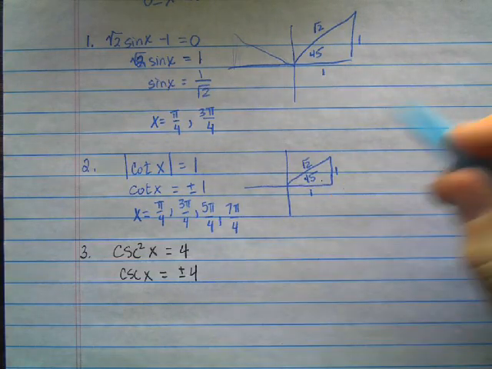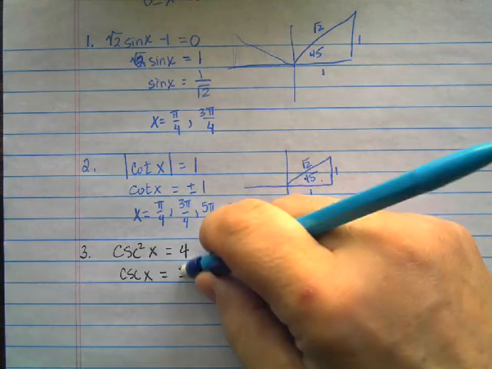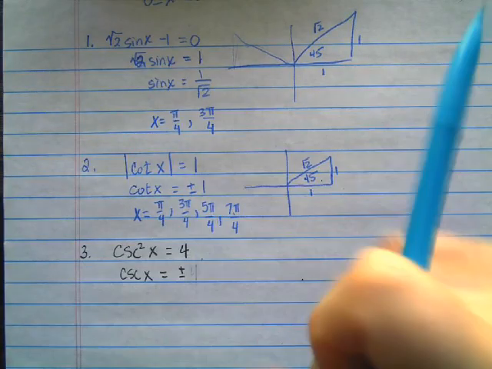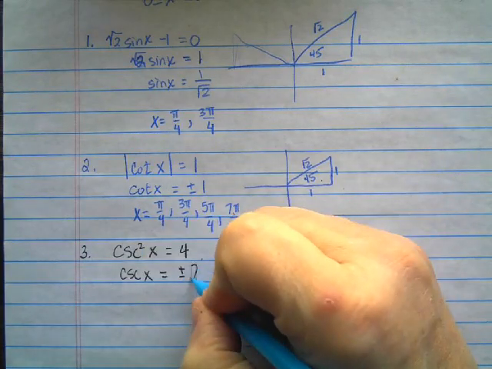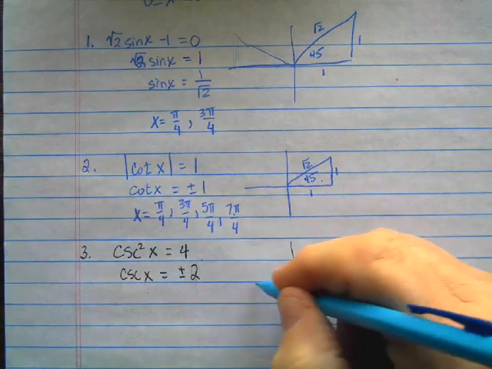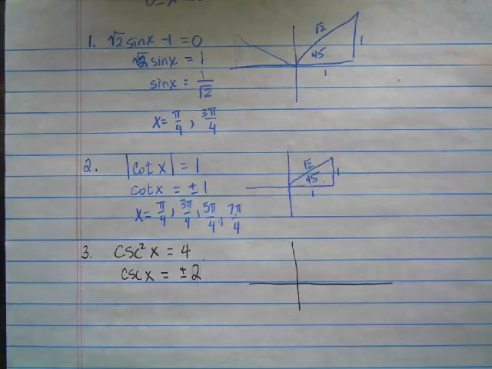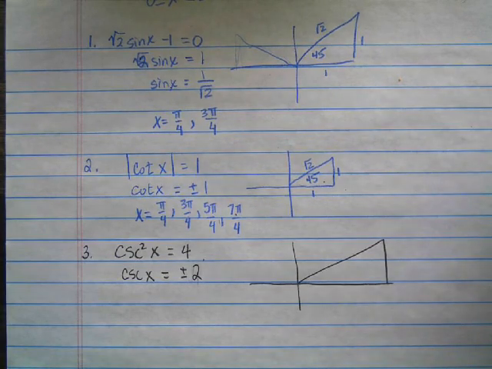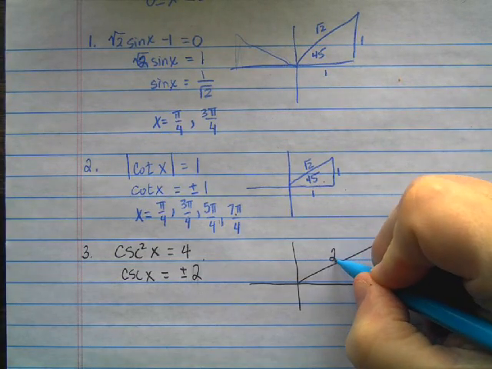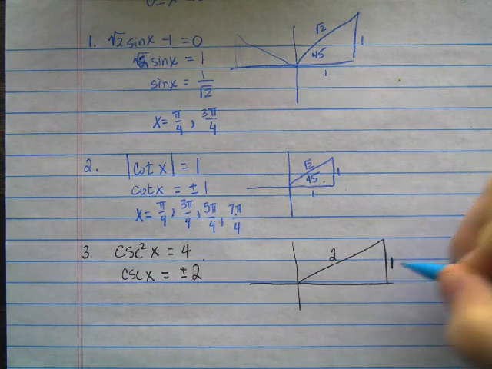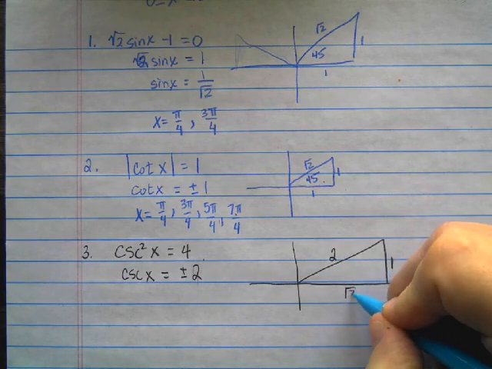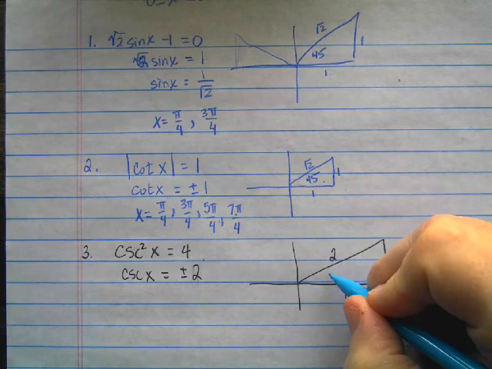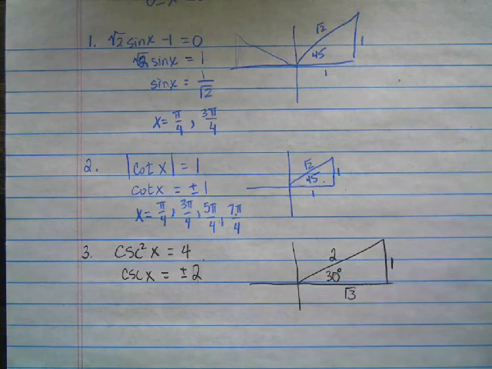I'm sorry, plus or minus 2. I didn't take the square root, did I? And I believe that's a triangle we know also, because cosecant x is r over y. So the r would be 2, the y would be 1, and then this would be the square root of 3. So those are my 30-degree angles.